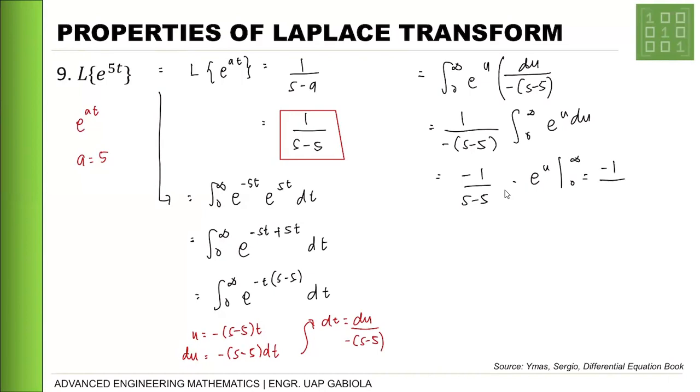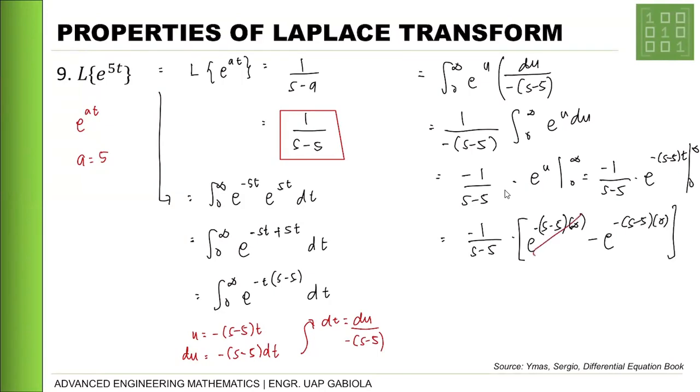So negative 1 over s minus 5, substitute natin si value ni u, which is negative (s minus 5)t. Okay? So 0 to infinity. So ibig sabihin, negative 1 over s minus 5 times e^(-(s-5) times infinity) minus e^(-(s-5) times 0). Okay? So this will be equal to 0. This will be equal to 1.